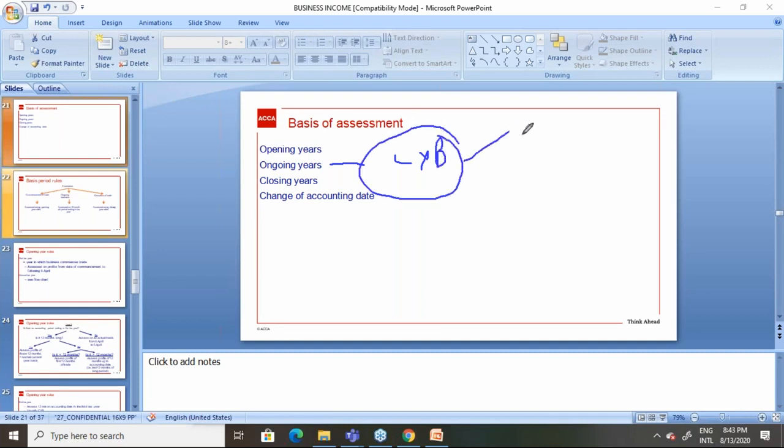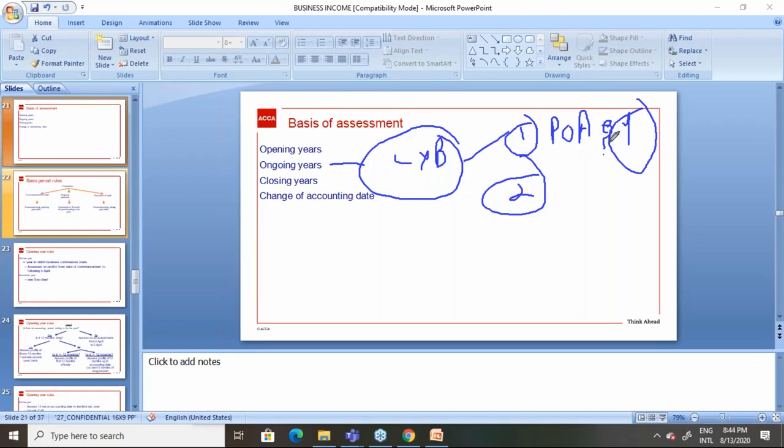There you ask two questions. First question, is there a period of account ending in the tax year? If the answer is yes, then you ask the next question, how long is the period of account?